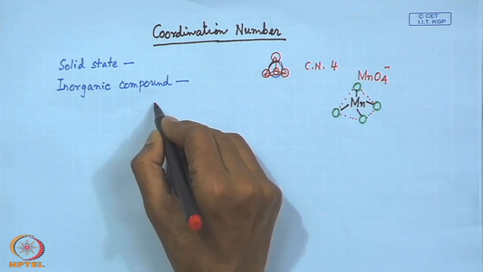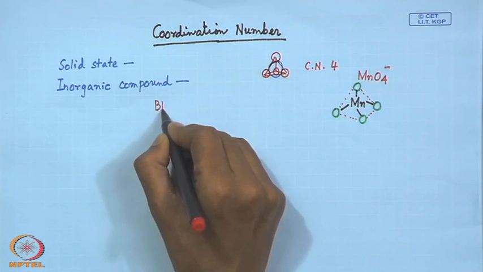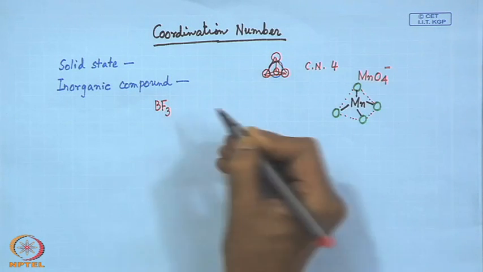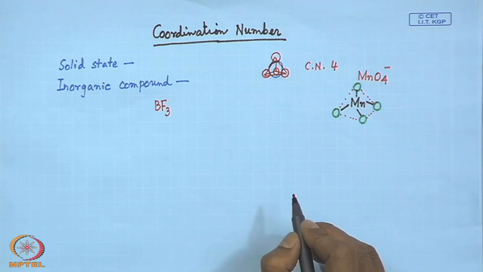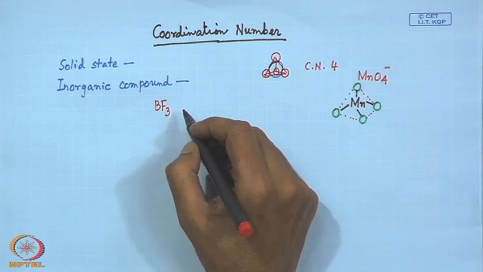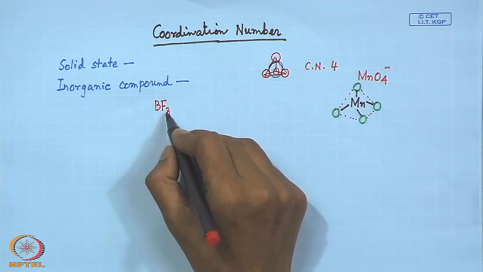Similarly, some inorganic compounds like boron trifluoride, by knowing the stoichiometry of the compound we can see that boron is attached to 3 fluorine atoms.